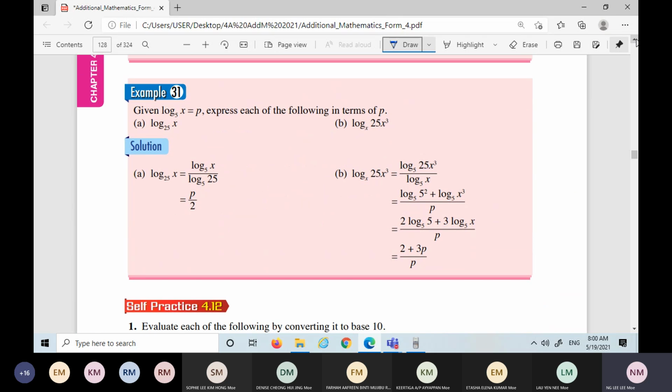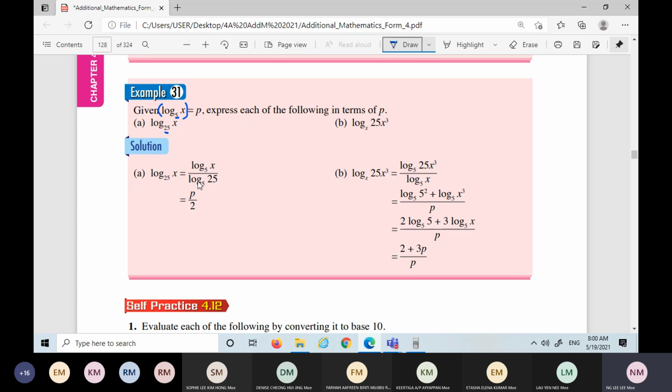So this is another example. Given log base 5 of x is p, express each of the following in terms of p. You have to adjust so that you can make use of this log base 5 of x. Now you see the base is different, so I change to base 5, since the given one is in base 5.